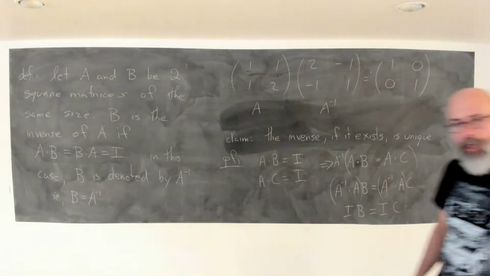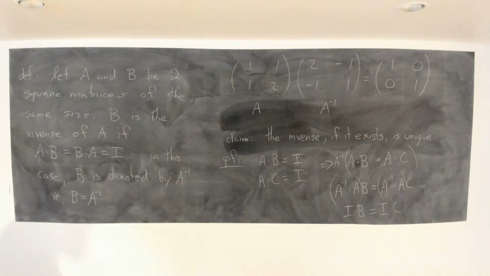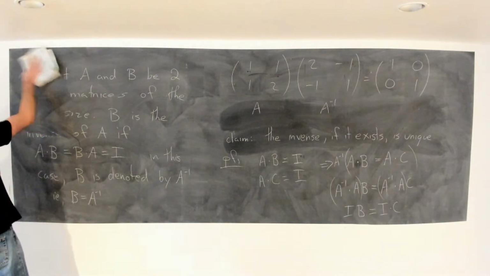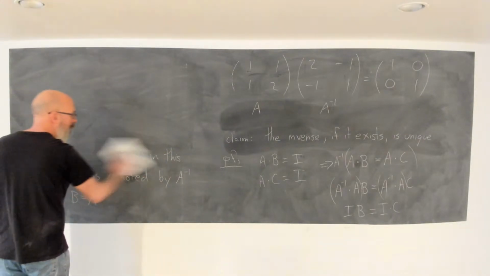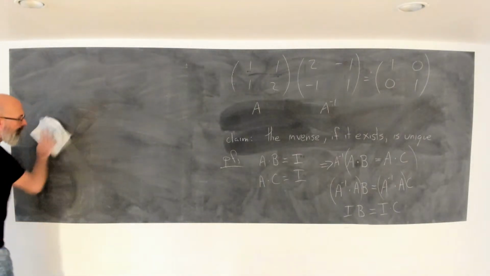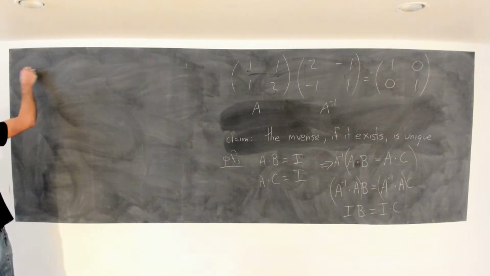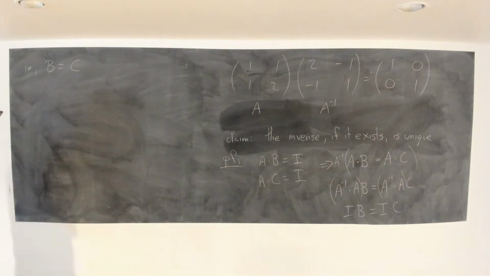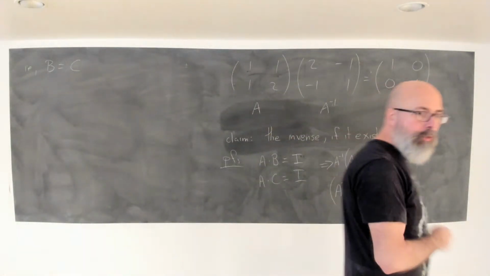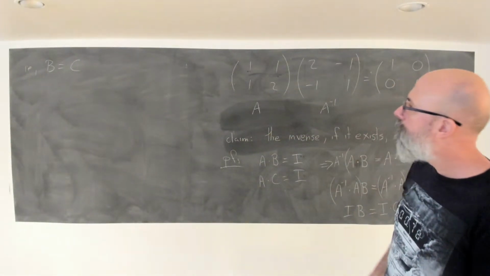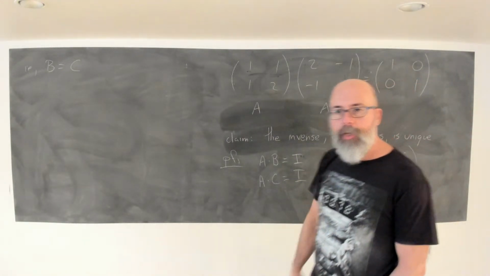And the identity times B, as Annie suggests, is B. And the identity times C is C, because that's really the defining property of the identity. There you have it. Very nice. So B equals C.